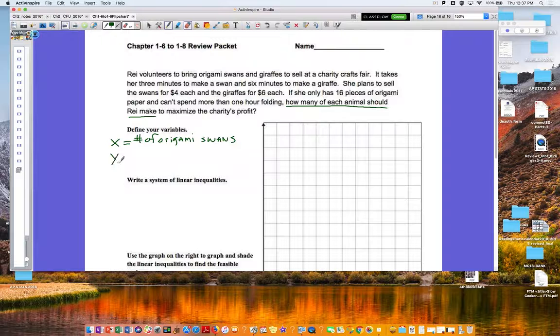And then Y equals the number of origami giraffes.